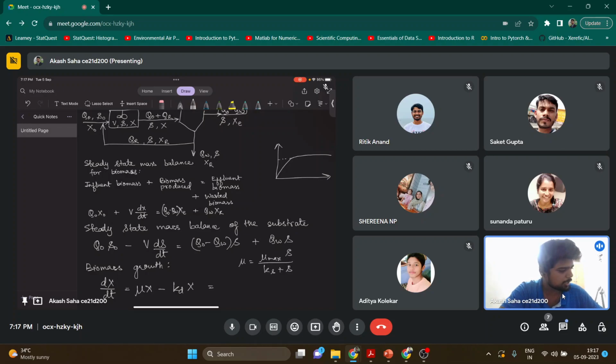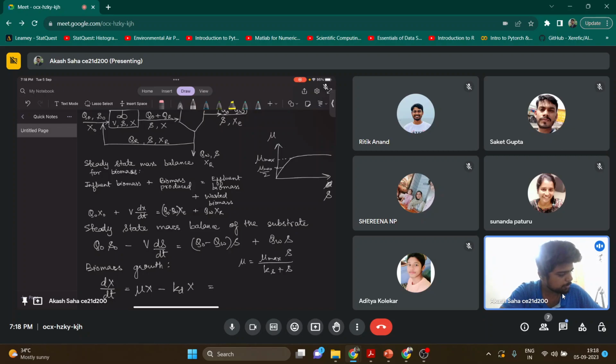The graph is plotted with respect to mu and, rather, mu with respect to S, the substrate concentration. As my substrate concentration is increasing, it will reach a saturation growth rate, that is my mu max. Suppose we are considering the growth rate which is half of my maximum growth rate, that is mu max by 2.